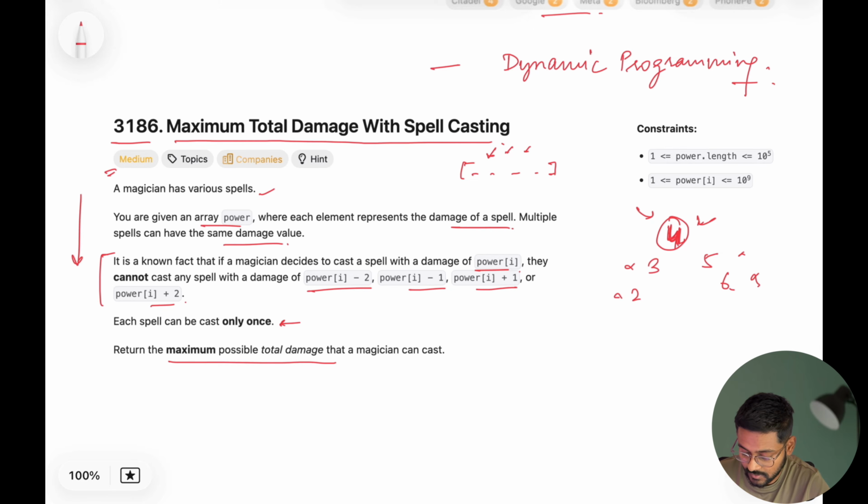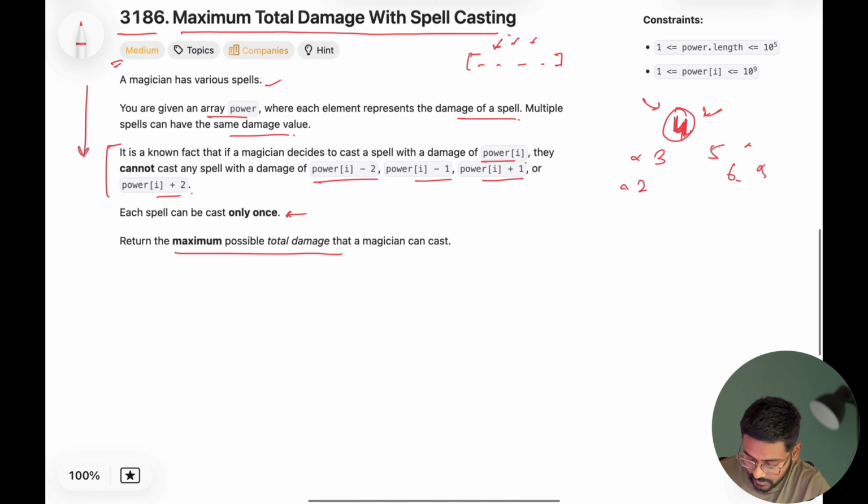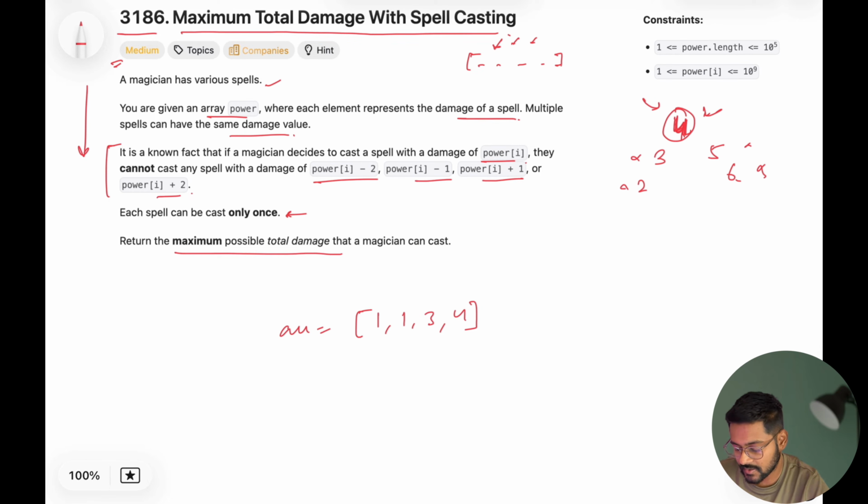So here, let's say I'm given an array. These are the damages caused by the ith casting of the spell. The first spell is causing a damage of 1. It means it is not going to cast the spells causing damage of 1+1, which is 2, and 3, or 0 and -1.